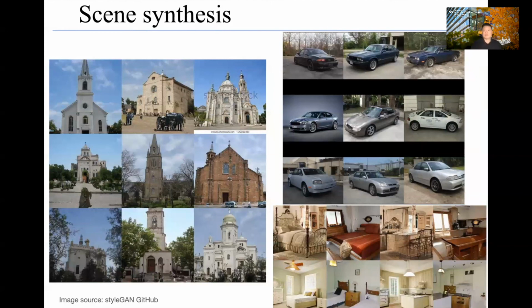Now, deepfakes are not only limited to faces and human bodies. We have actually seen a generalization of the deepfake synthesis algorithm to other types of objects and scenes. The most recent work, again from NVIDIA Research Lab, has shown that using StyleGAN type models, we're able to create natural and man-made scenes, in this case churches, or different kinds of objects, cars, and in-room scenes.